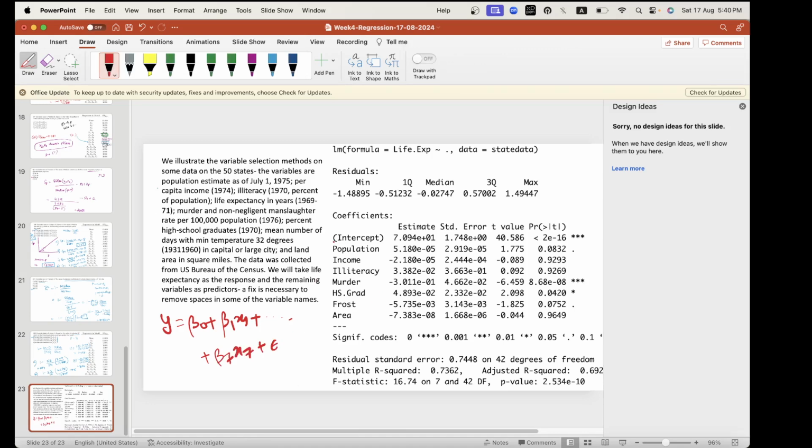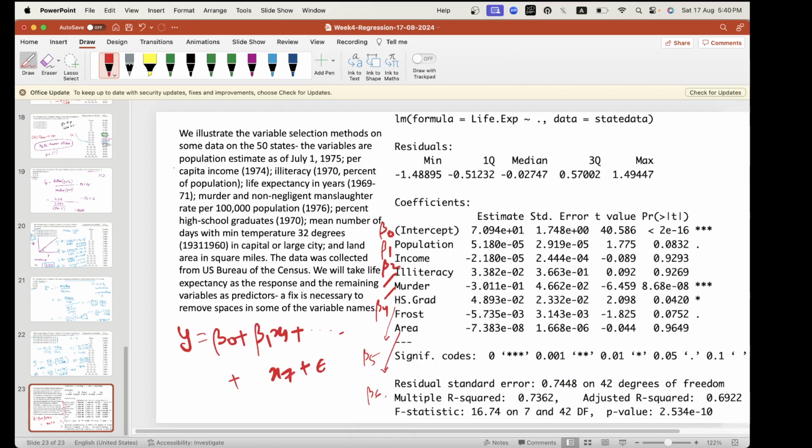So then this one is actually beta naught, this is beta 1, this is beta 2, beta 3, this is beta 4, this is beta 5, and this is beta 6. Okay, sorry, so 7 parameters you have over here, so we'll have 6 betas.